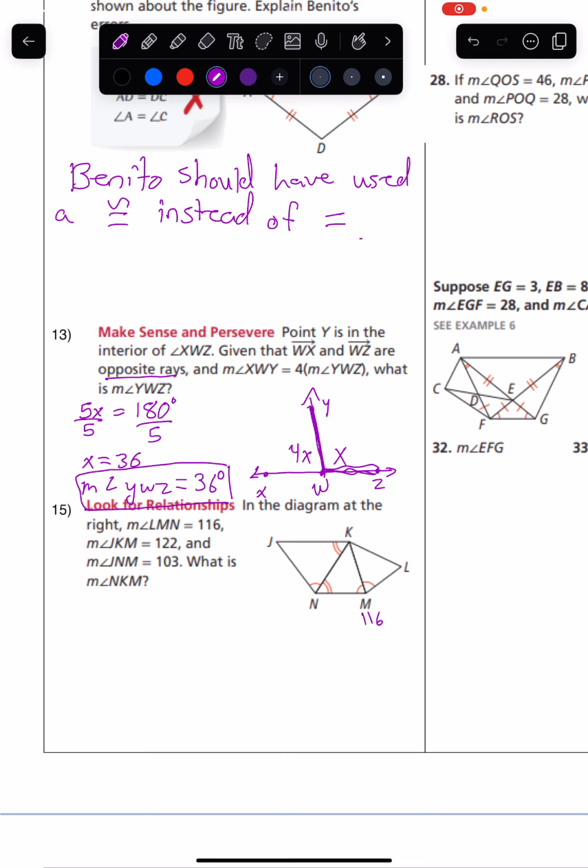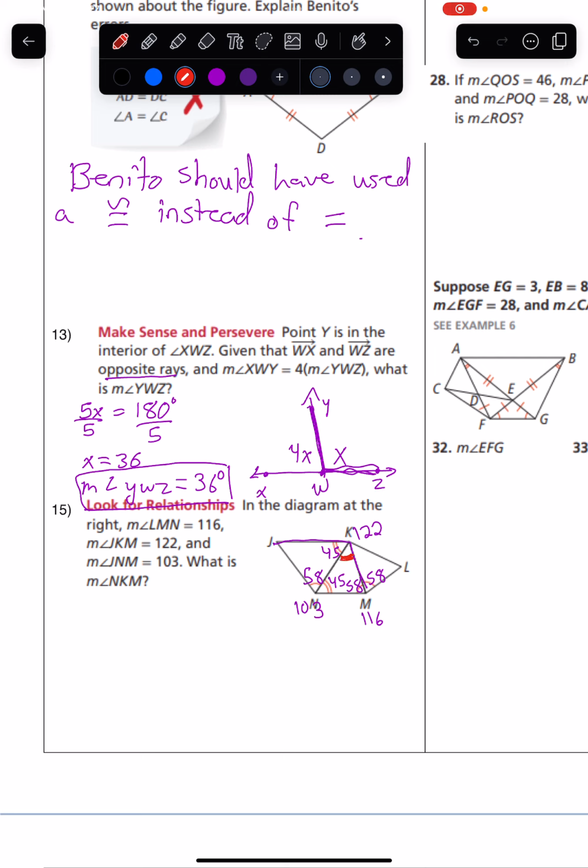Now we know that every angle with two arcs on it is 45 degrees, which means we know that the angle up here is also 45 degrees. We're still looking for NKM. We're looking for this angle right here that I'm outlining in red.